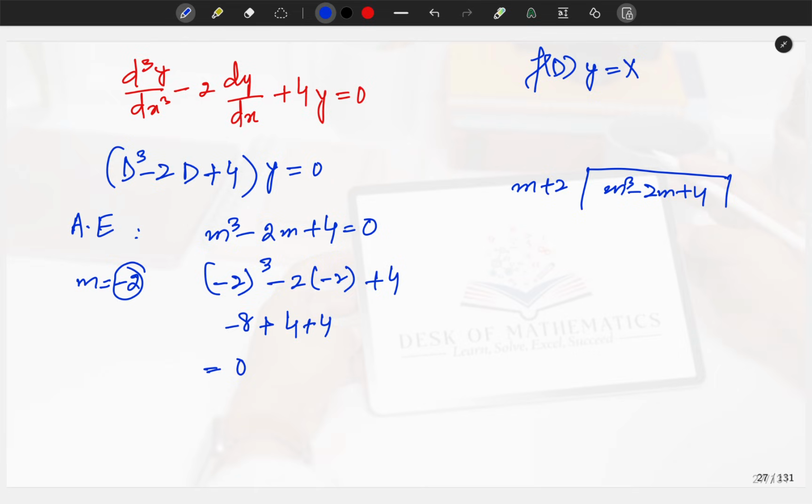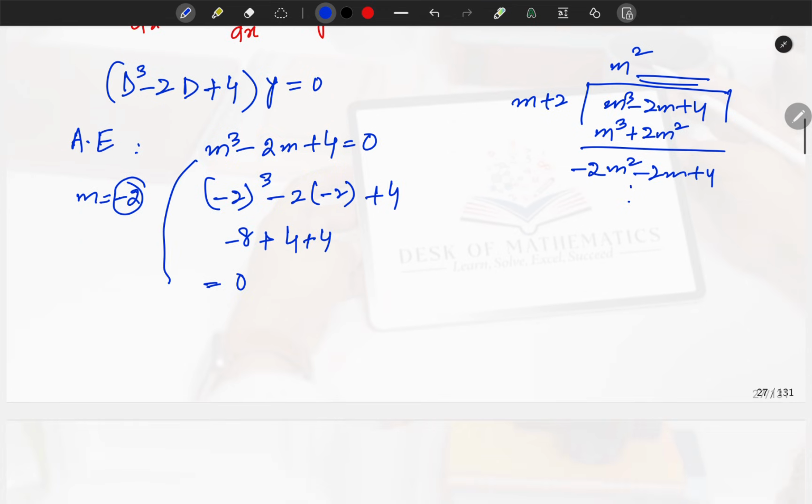So you can write this equation, or you can divide it in this way as well. So you will write m square, so it will be m cube plus 2m square, minus 2m square minus 2m plus 4, and as you divide, you will get a quadratic equation and you find the other two roots.